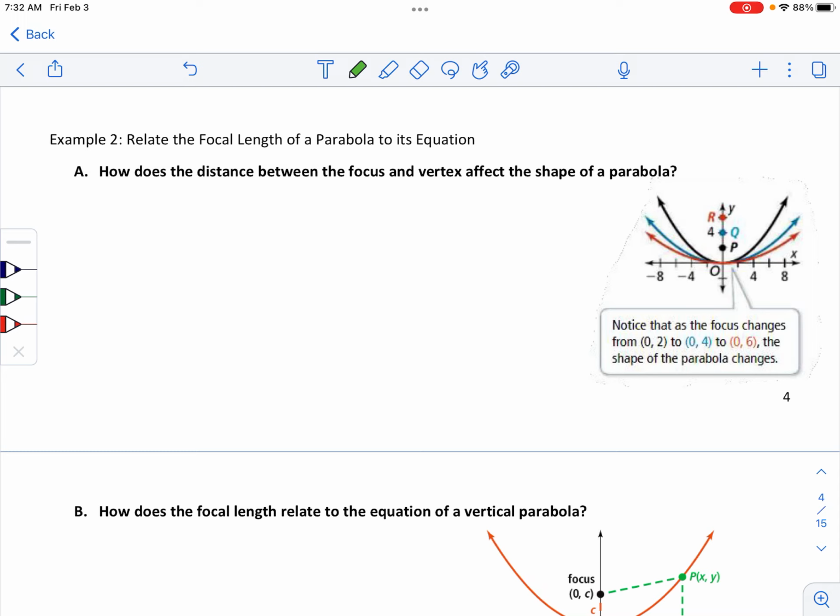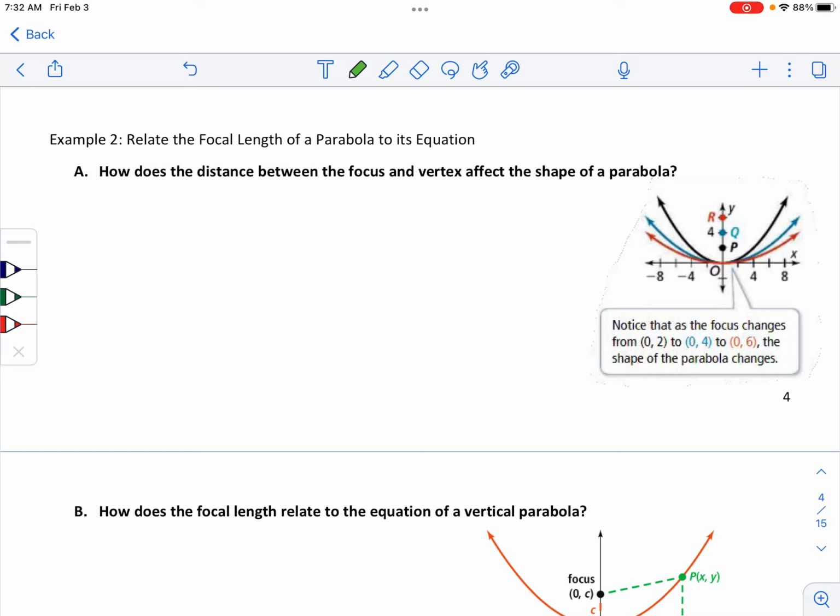As you can see in the drawing over here, as the focus changes from 0.2 to 0.4 to 0.6, the further away the focus is, the more your parabola gets spread out because it becomes vertically compressed.